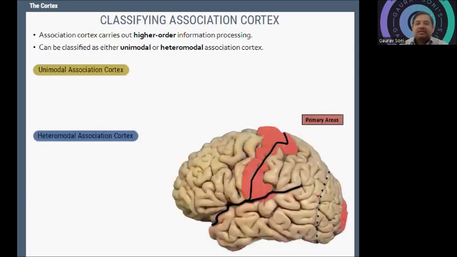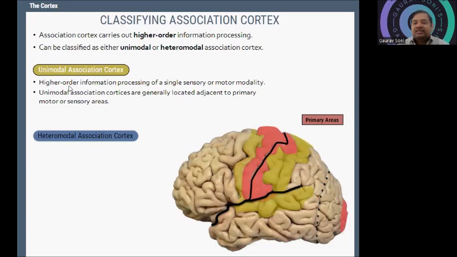Next is classifying association cortex. Association cortex, the higher order of information processing, can be classified into unimodal or heteromodal. What is unimodal? It is higher order information processing of a single sensory or motor modality. Unimodal association cortex is generally located adjacent to the primary motor or sensory area.